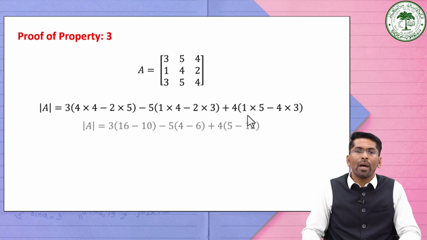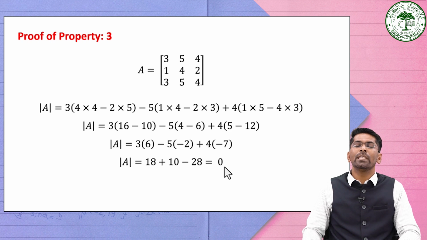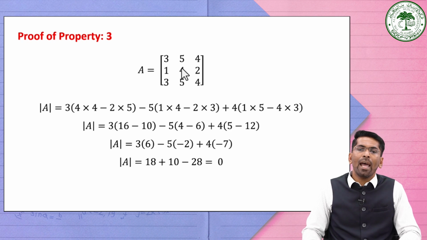Simplifying, the value comes out as 18 plus 10 minus 28. That means 28 minus 28, which is equal to 0. So if we have the same row or column, here the first row and the third row are identical, then the determinant value is equal to 0. We have already proved this property.